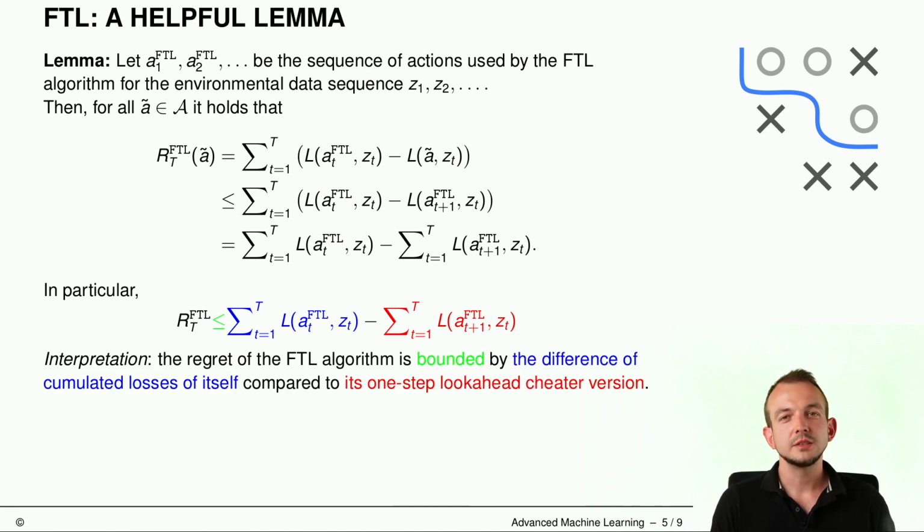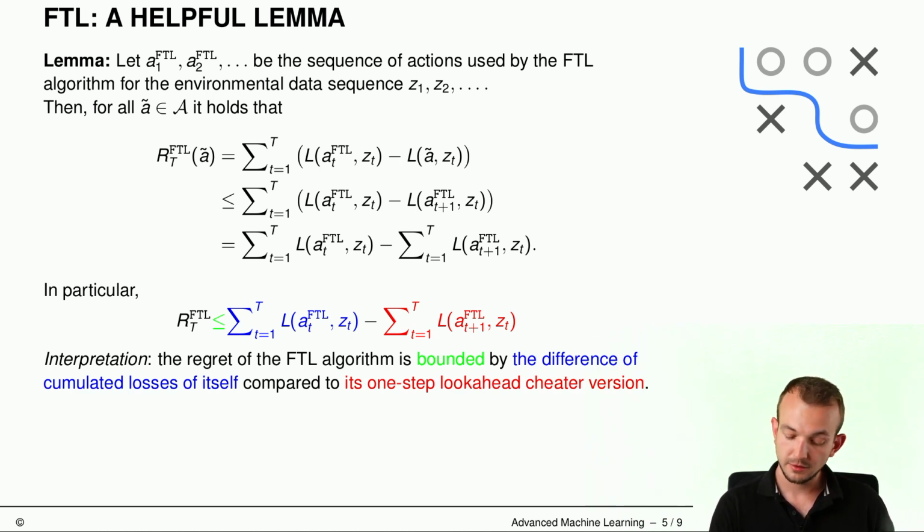So what is this telling us? It's telling us that the regret of the follow the leader algorithm, for any environmental data sequence, we apply the follow the leader algorithm in the basic online learning protocol, and we can bound its regret always by its cumulative loss as it is, and subtract from there the one step look ahead cheater version of it. Yeah?